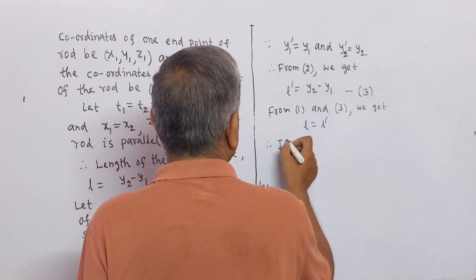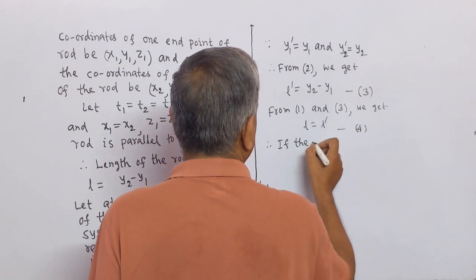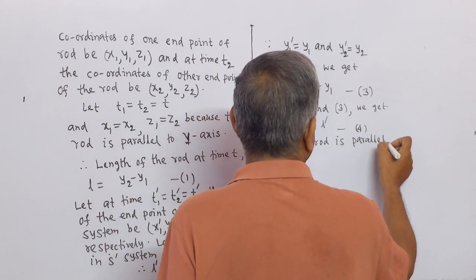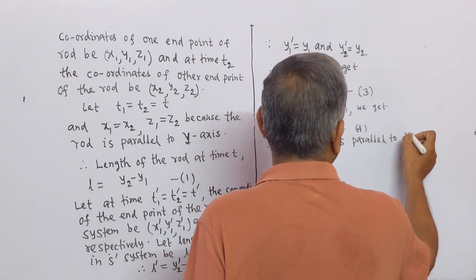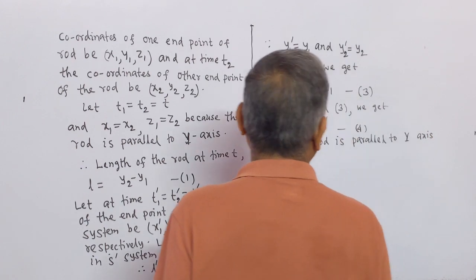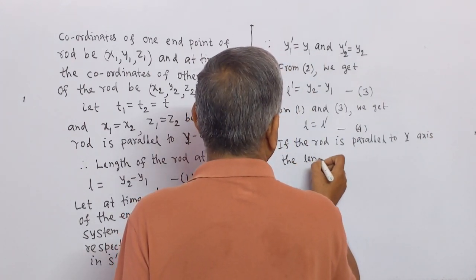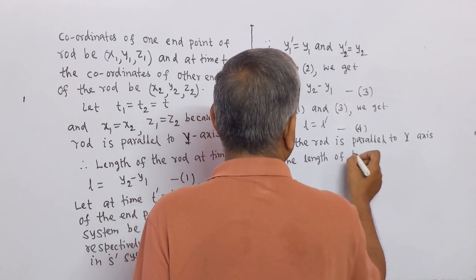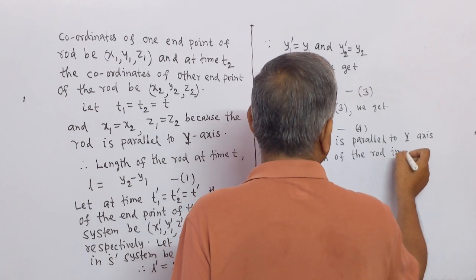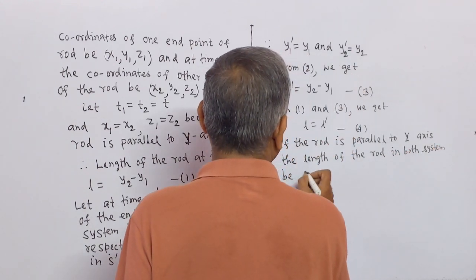Therefore, if the rod is parallel to y-axis, then length of the rod in both systems be same.